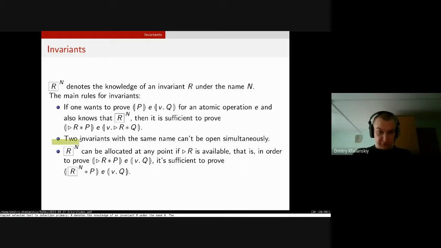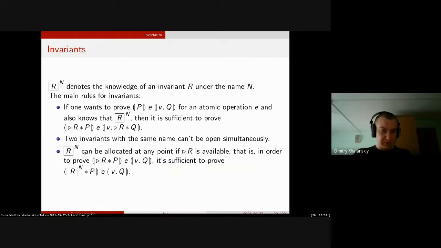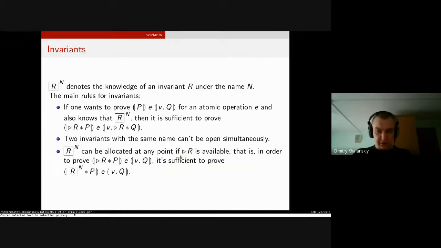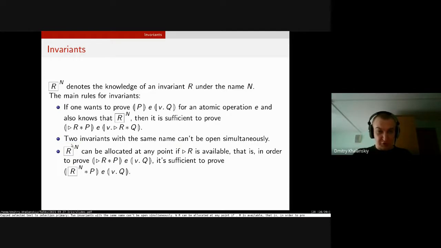And the third rule is that at any point where you own the resource R, you can choose to put it into an invariant with an arbitrary name that you choose. So if you want to prove this thing, you can instead choose to prove this one.